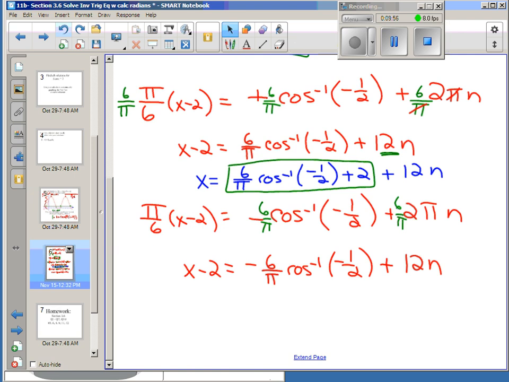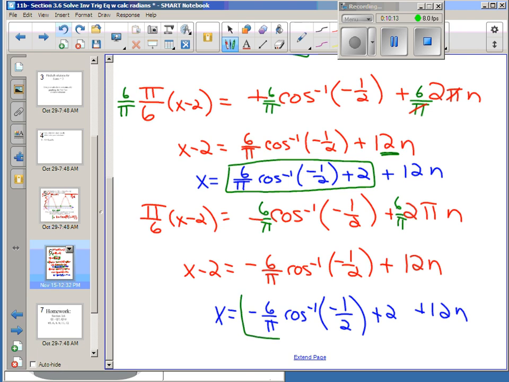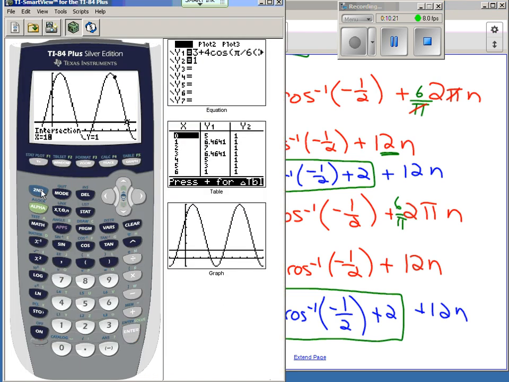And if I come down here and do the other one, I get x equals -6 over pi cosine inverse of -1/2 plus 2 plus 12n. And again, this is my other starting angle. So when I go to my calculator to come up with these two separate starting answers, I am going to do 6 divided by pi.